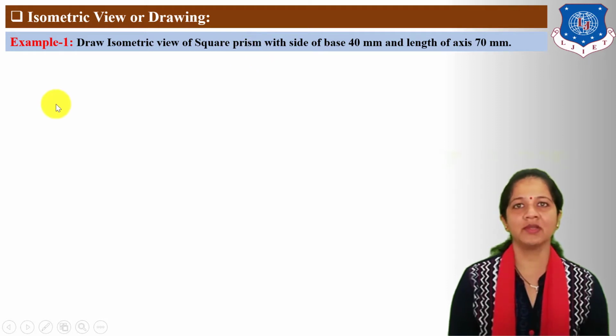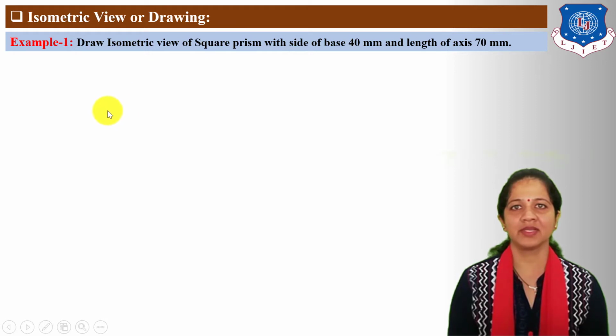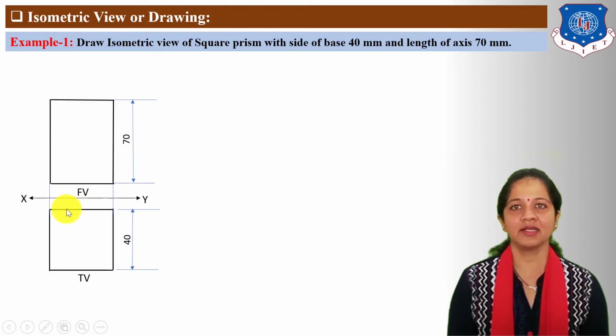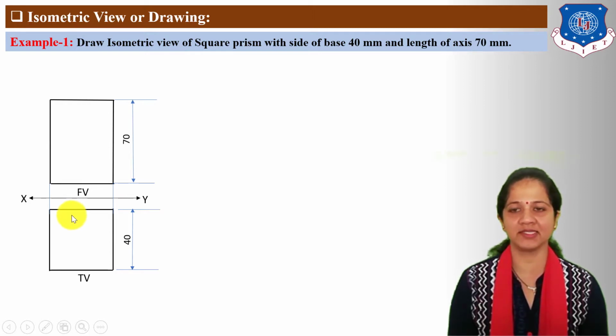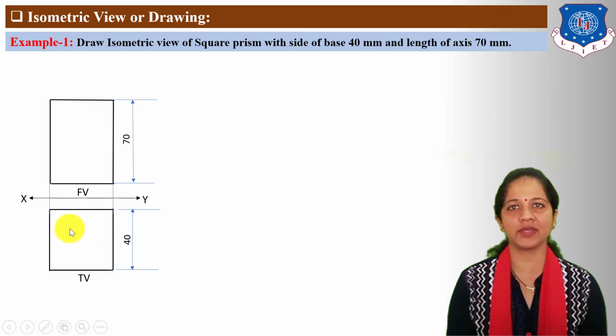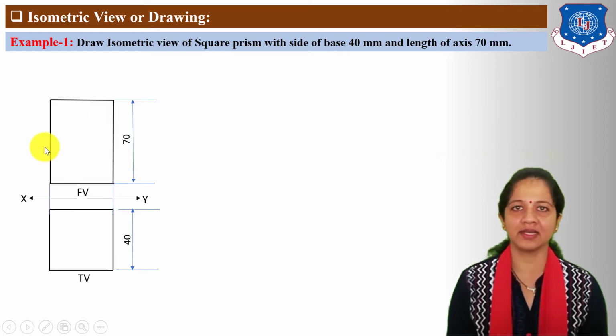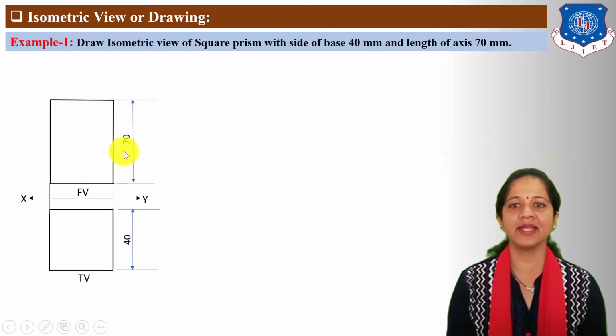First assume the front view and top view of the square prism. Here, if the prism is in standing position on its base, then the top view looks like a square and the size is 40 mm, and the front view looks like a rectangle with height 70 mm and length 40 mm.